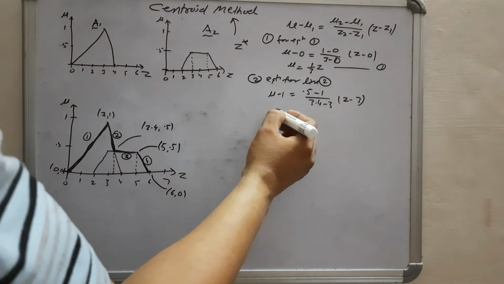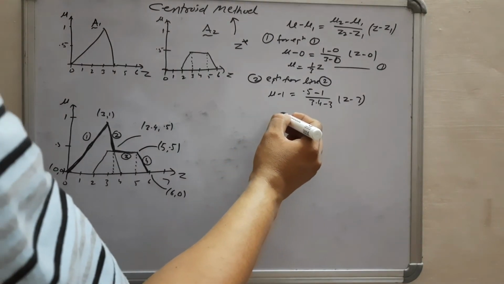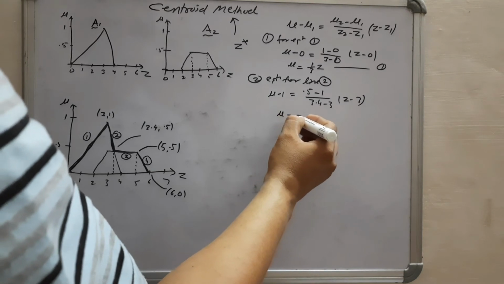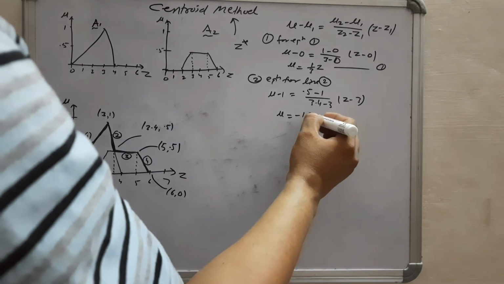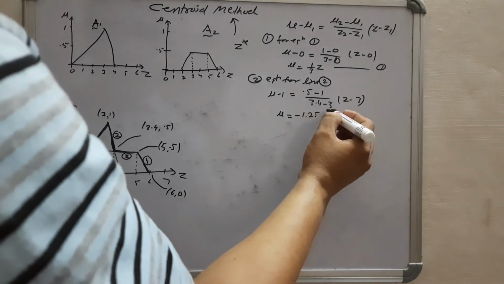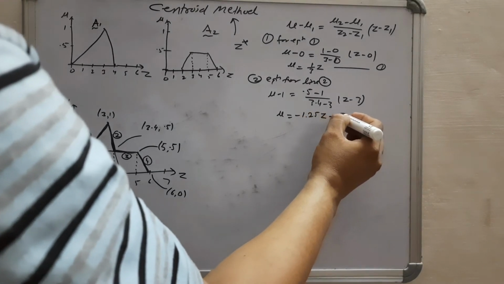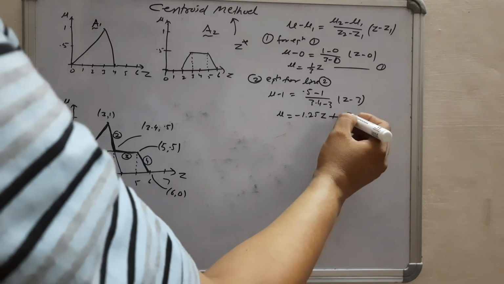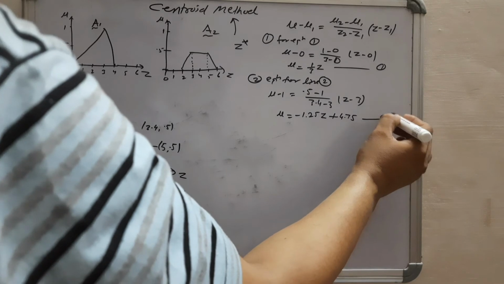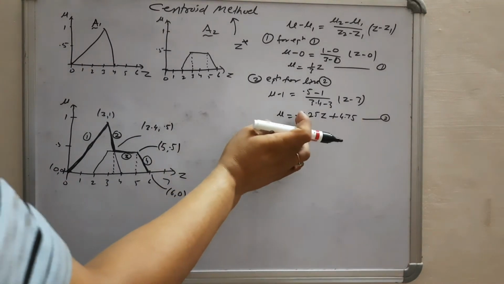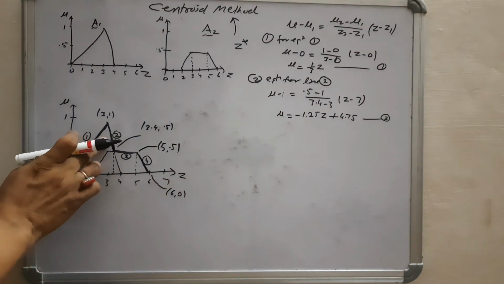So by solving this, we obtained mu equals minus 1.25 z plus 4.75. This is line equation 2. We can see here a negative sign because the slope is negative here.